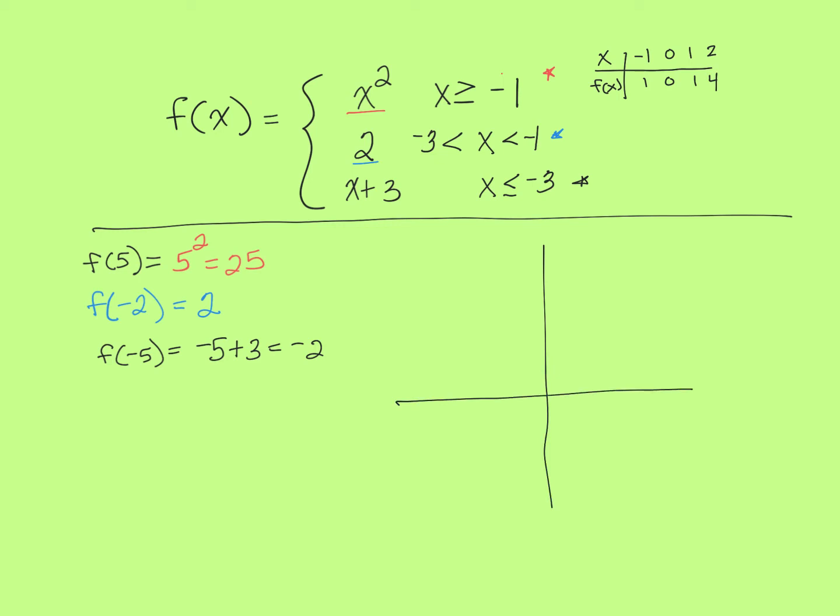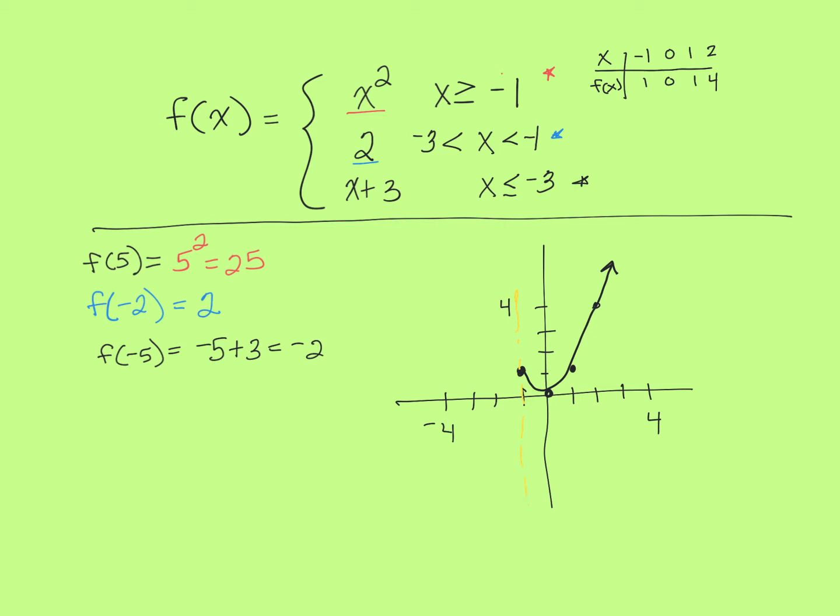You may also know that that's a parabola. And we'll graph that. So negative 1, 1, 0, 0, 1, 1, and 2, 4. And we're going to get kind of a half of a parabola, right? Anything greater than this negative 1 kind of division line.